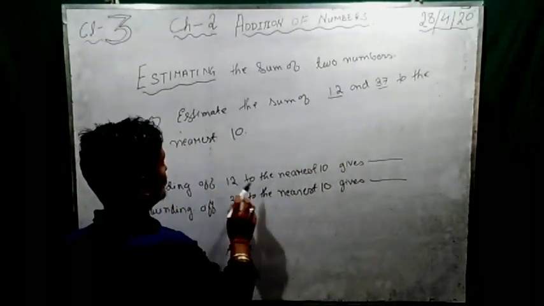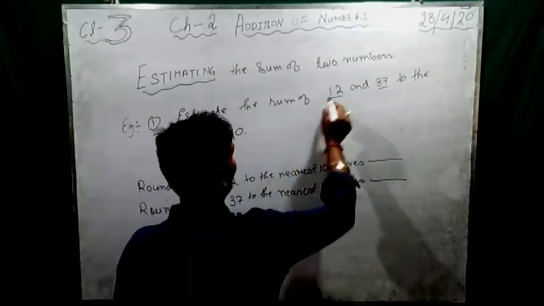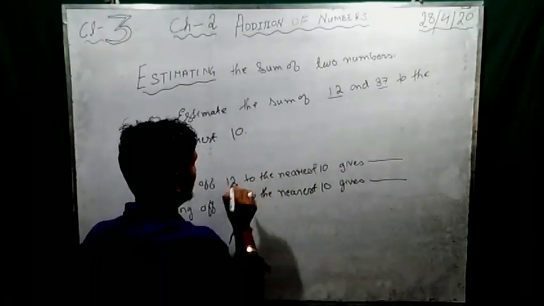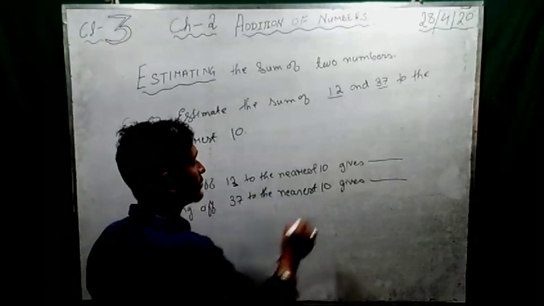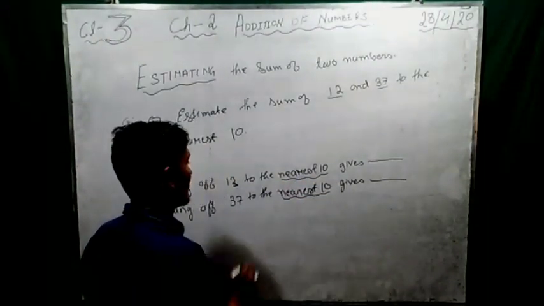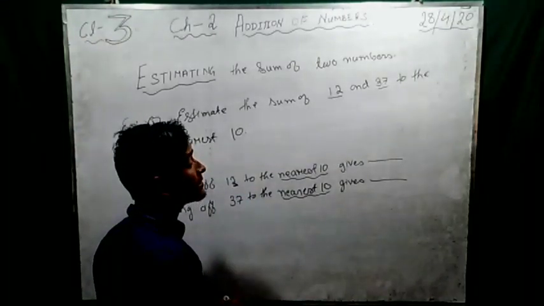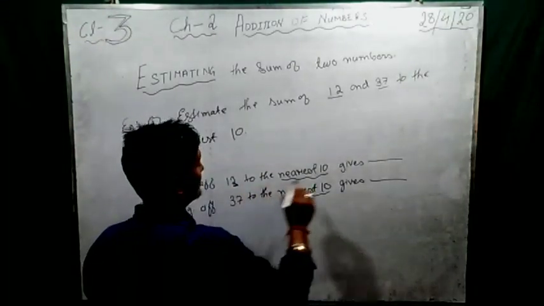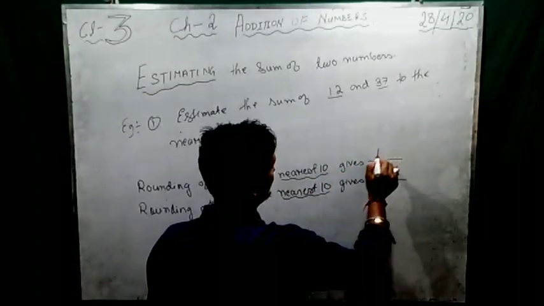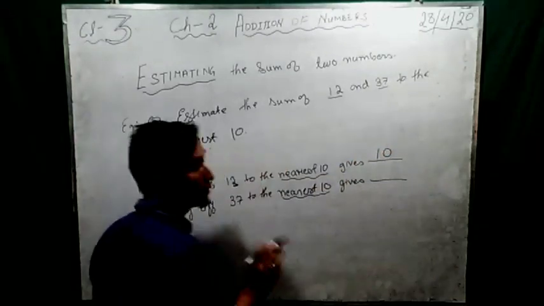Rounding off 12 to the nearest 10 gives: first of all, we see the ones place number, because we are rounding to the nearest 10. This is 2. Is it more than or less than 5? It is less than 5. So the tens place number remains the same and the ones place digit is replaced by 0.